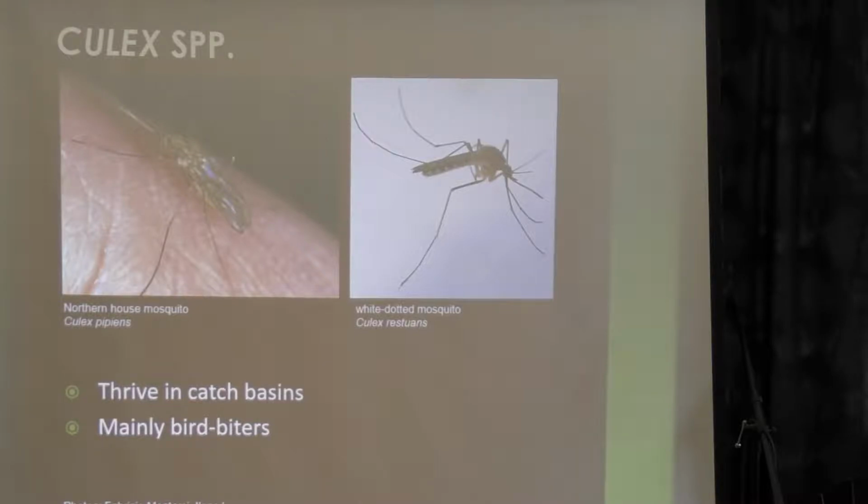So again, the Culex species that are carrying this are things like the northern house mosquito and the white dotted mosquito. We tend to call them catch basin mosquitoes because that's where they're finding them. They're dipping cups into the catch basins along the side of a road and pulling up the larvae and identifying them, and they're almost always Culex. Culex almost always bites birds, but will sometimes bite other animals and humans.